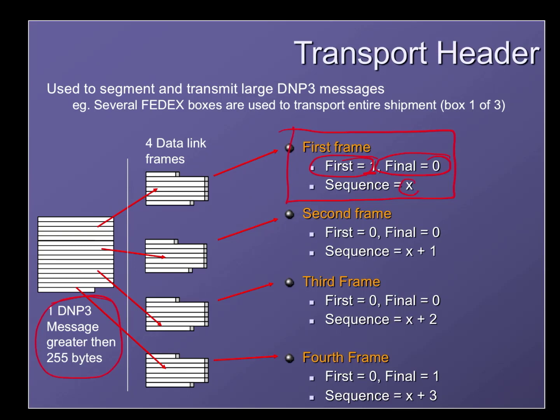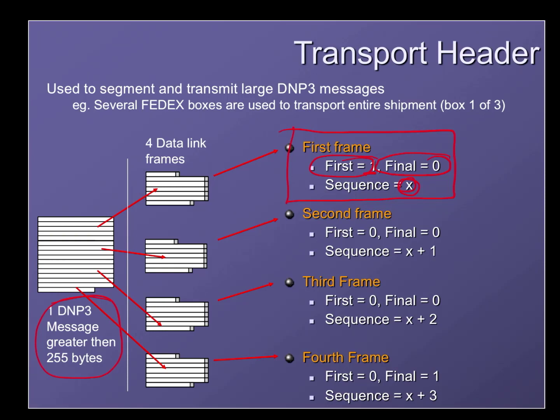And then we'd have some value of sequence number in there, sequence X. Now the reason why they don't have a number in there is because X could be any number. As soon as we have a message that has more than one frame, that number will increment from wherever it was previous to that.